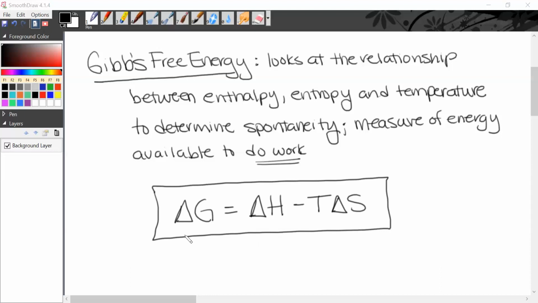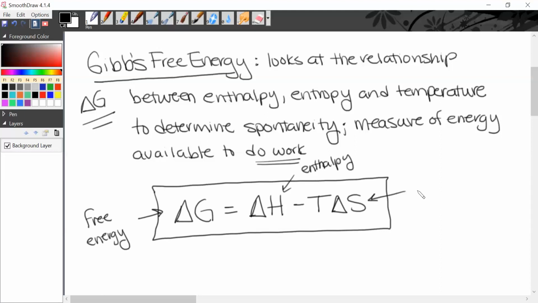Okay. So delta G, you guys, is your free energy. That's Gibbs up here. Delta H is obviously your enthalpy, and delta S is your entropy.